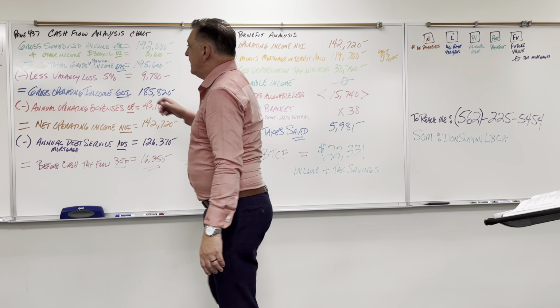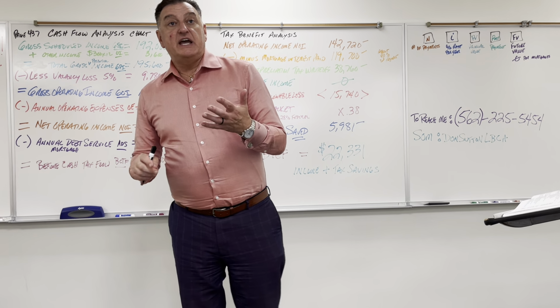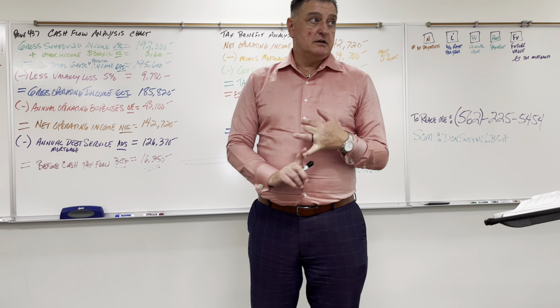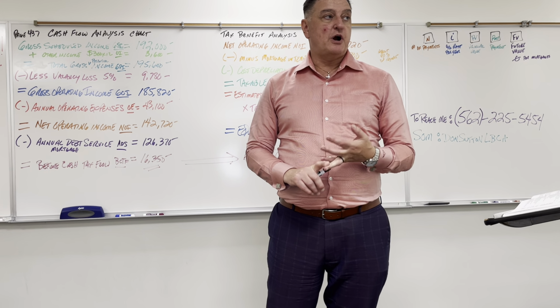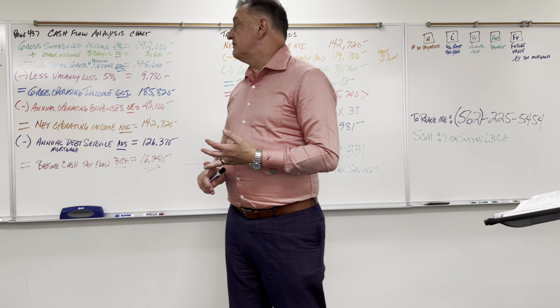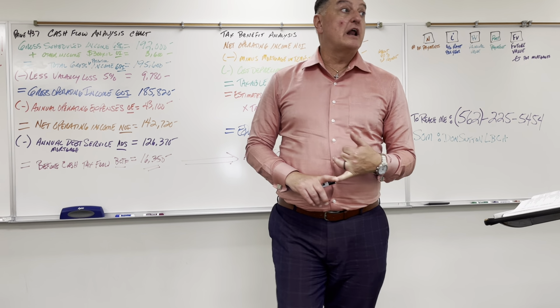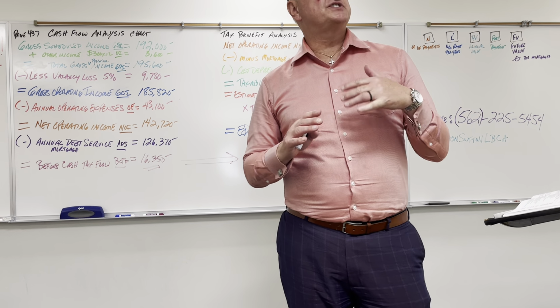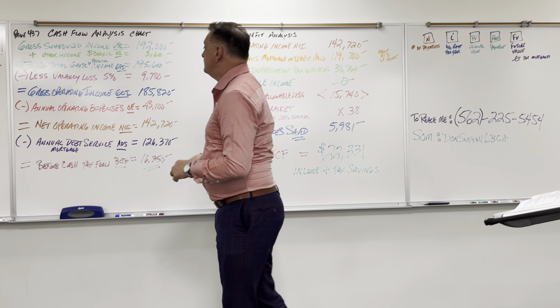The other income is, let's say you're charging extra for parking, or for laundry, or you have a laundry room in the apartment building, or if it's a commercial property, you have some coin-operated machines where you're selling Cokes and foodstuffs and things like that.